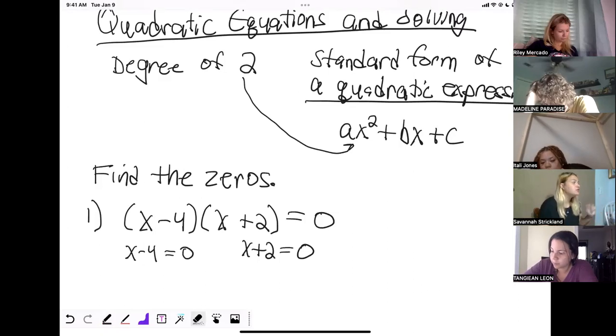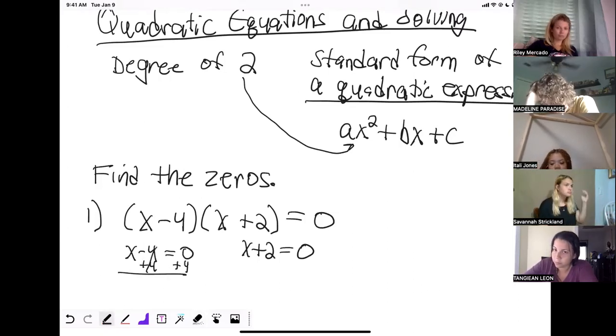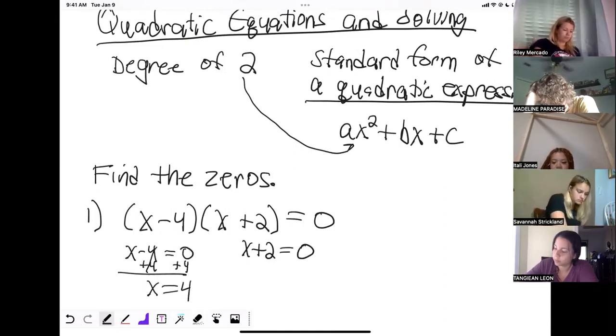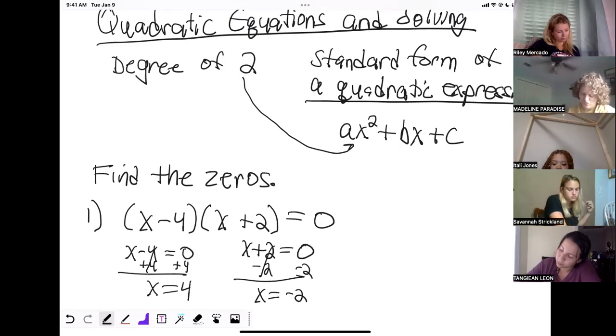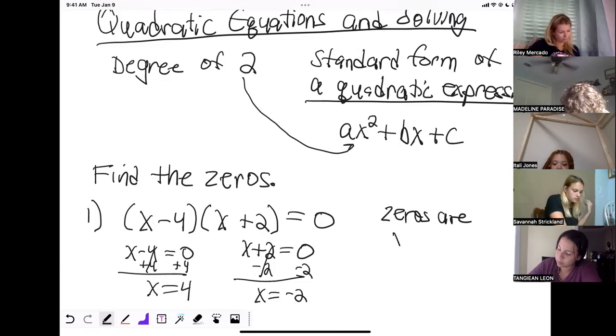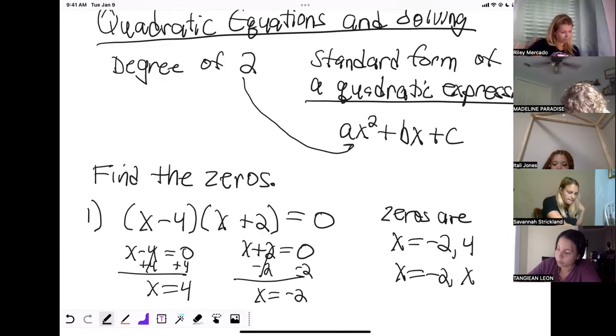Then you would add 4 and solve for x. x is equal to 4. And over here, you would subtract 2. x is equal to negative 2. And then you would say my zeros are x equals negative 2 and 4, or you can put x equals negative 2 and x equals 4.